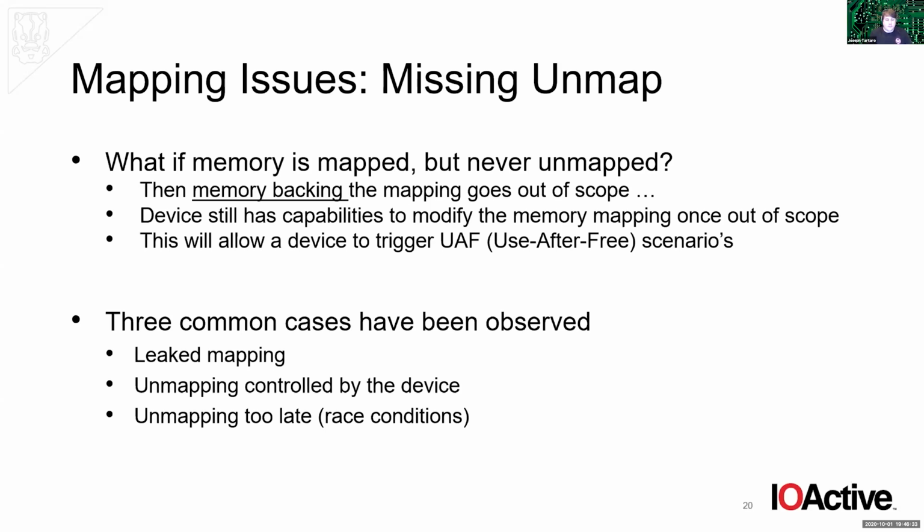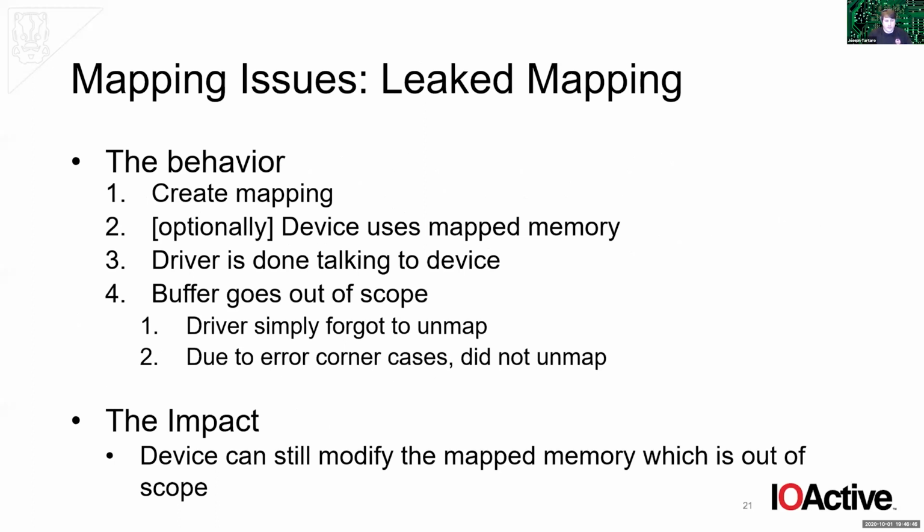So the three common cases that we've categorized are leaked mappings from different behavior, unmappings that are controlled by the device itself, and unmapping too late with race conditions. With your leaked mapping, this is where you create a mapping, the device uses the mapped memory, and then once the driver is done, the buffer eventually just goes out of scope.